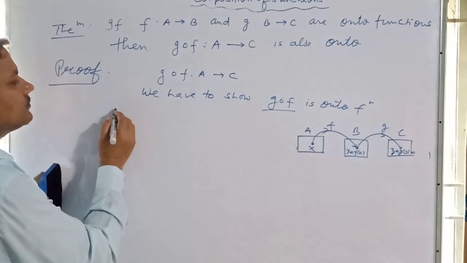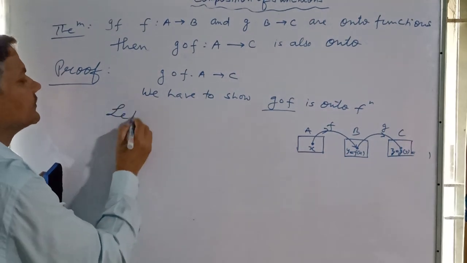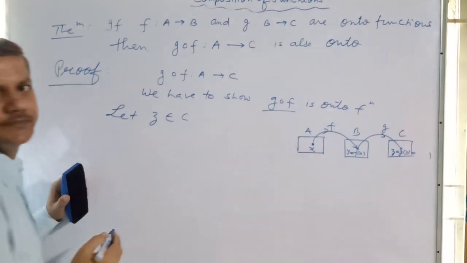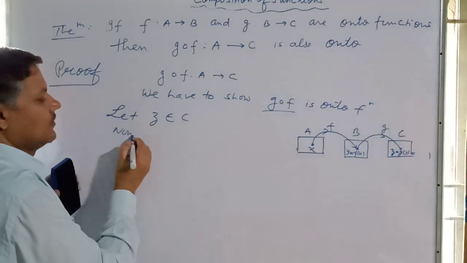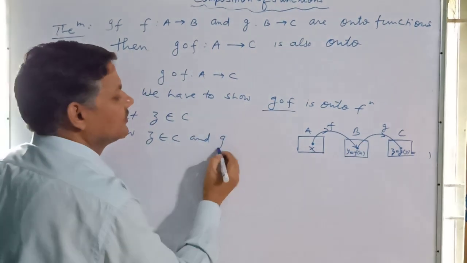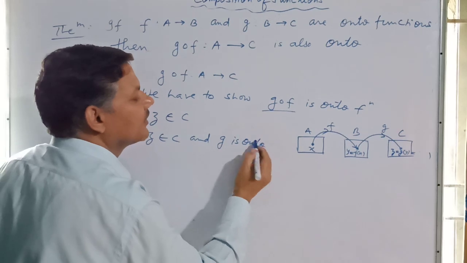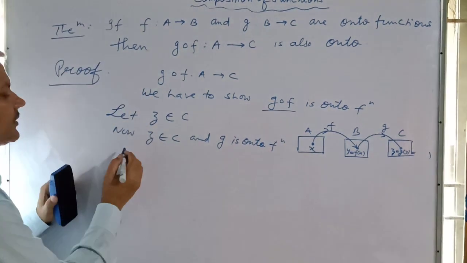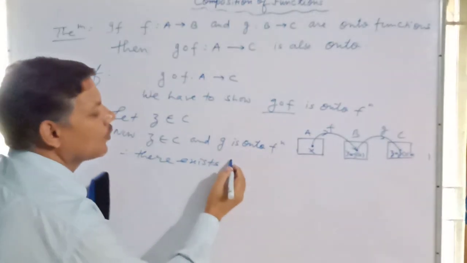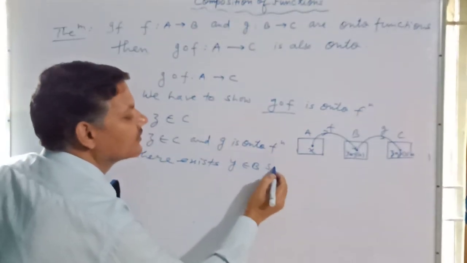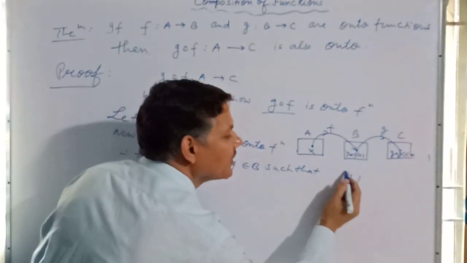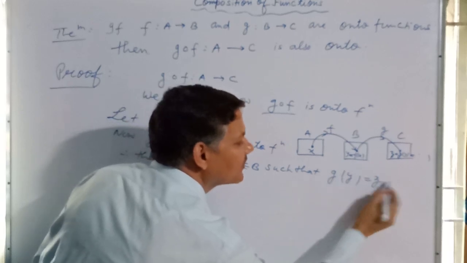So let z be any element of what? C. Now z is an element of C and g is an onto function. Therefore there exists y in B such that the image of y under g is equal to z.